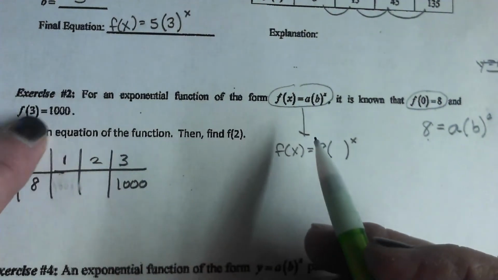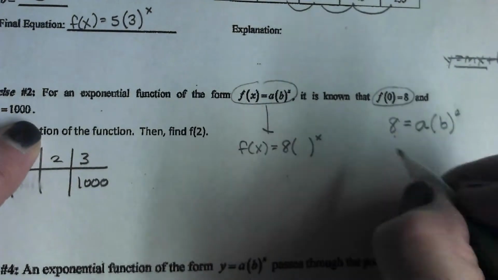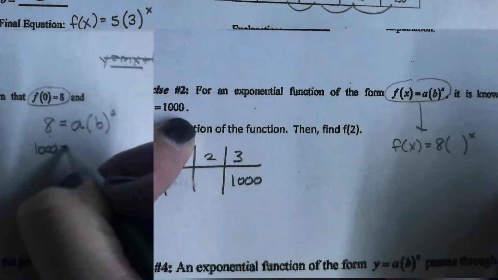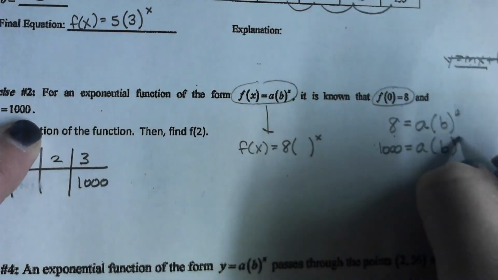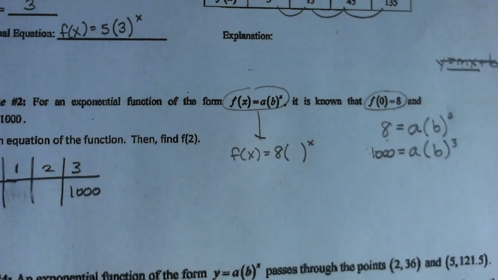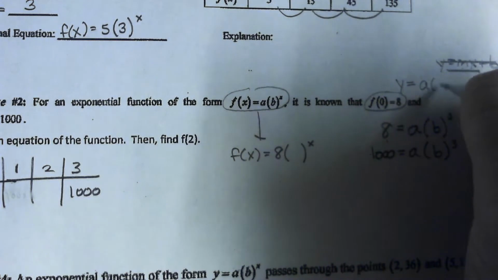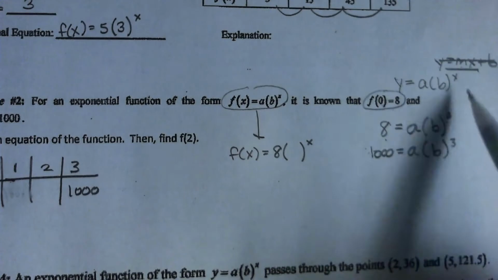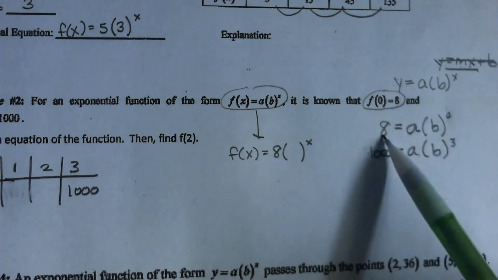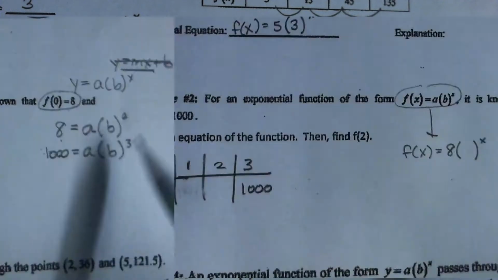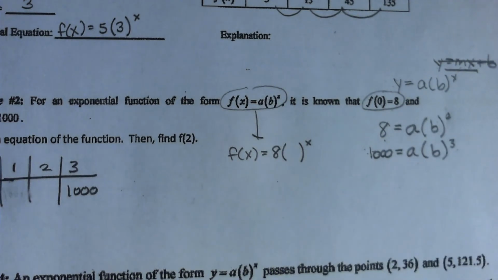And then I'm going to plug in my second point where x is 3, y is 1,000. So my equation was essentially y equals a times b to the x. So I plugged in x, y of 0, 8, and I plugged in x, y of 3, 1,000. So far, so good?